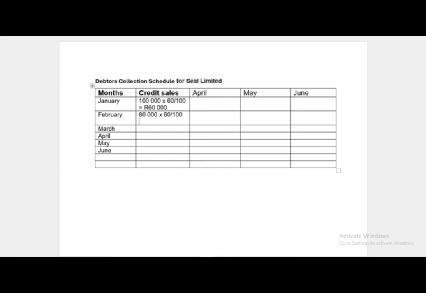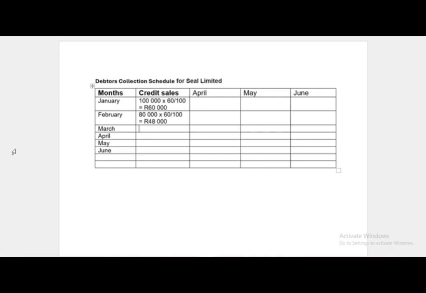Let's put that on our calculator quickly. So it's going to be 80,000 multiplied by 60 divided by 100. So I'm getting 48,000, right? 48,000 is your credit sales for February, right? When you collect for February, you are going to collect from 48,000.